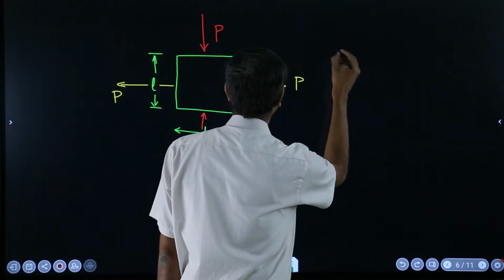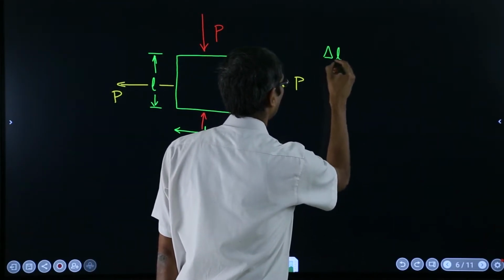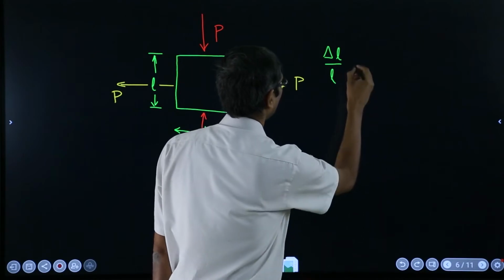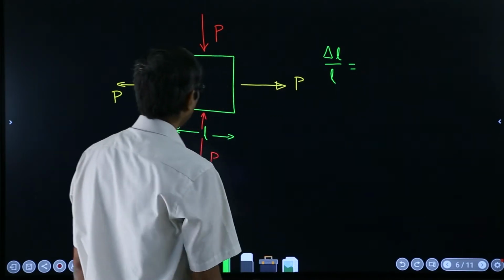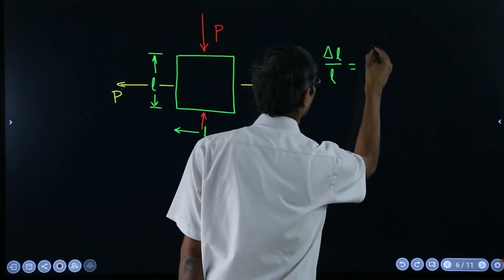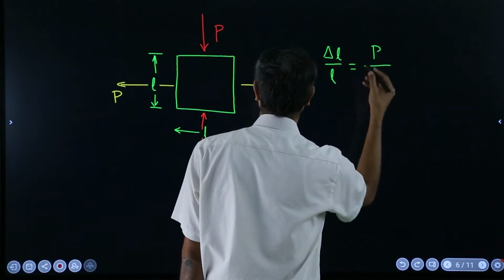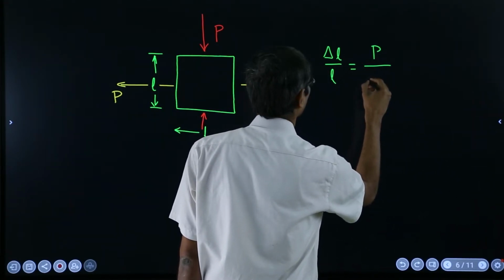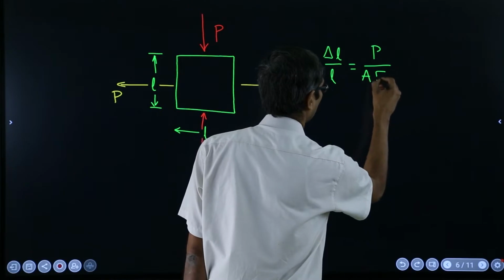Say delta L over L will be nothing but P over A, if A is the area, that is L squared, over E.